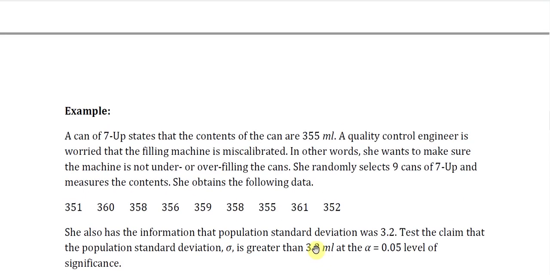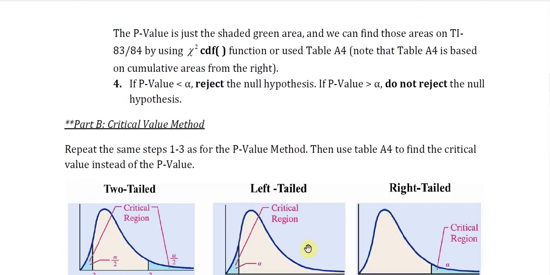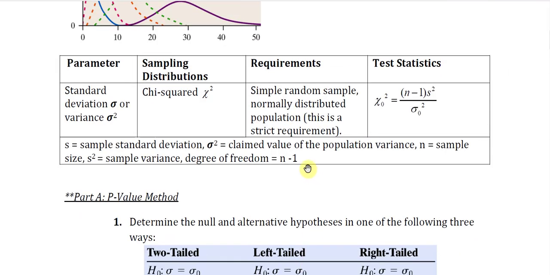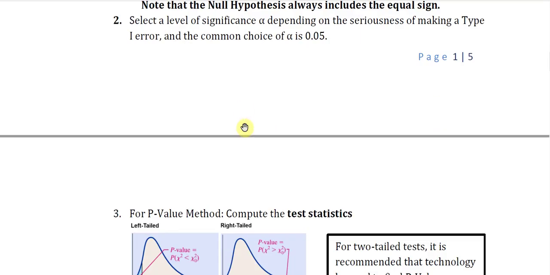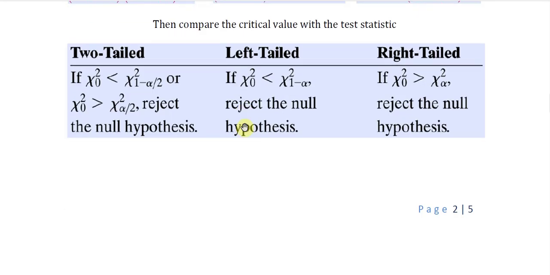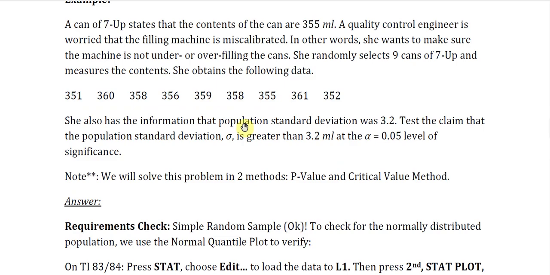Now make sure that for the standard deviation or variance, the requirement is very strict. We don't care about the sample size n. We must check the condition that the population is normally distributed. This is a strict requirement for the chi-square. Otherwise, you get a value that is very different from the one it should be.